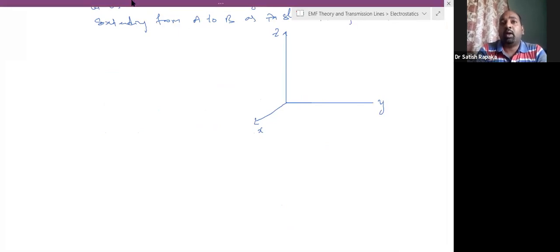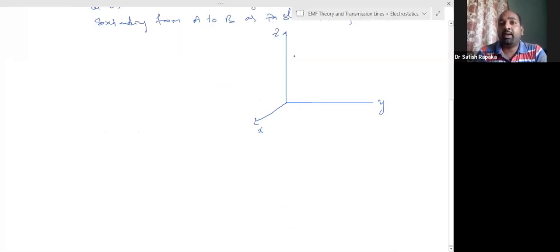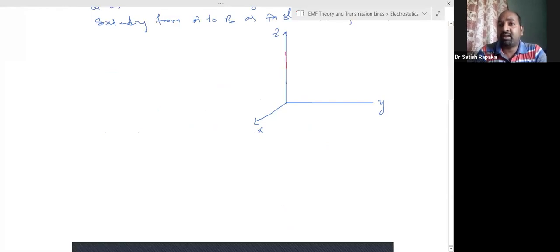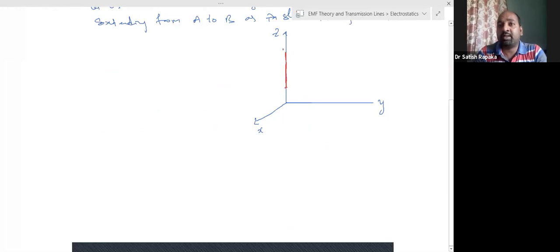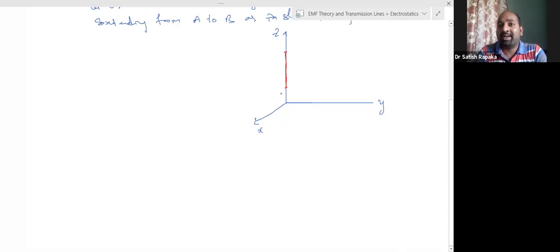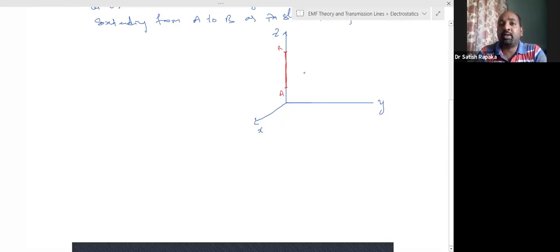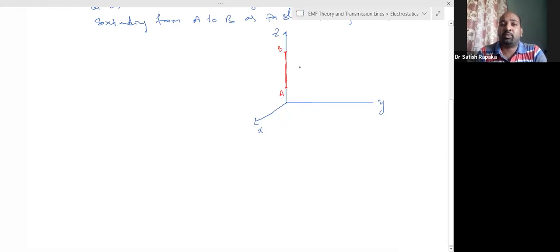Now I just want to take a finite length of line charge along the z-axis, extending from A to B. So this is the line charge I'm considering on the z-axis.